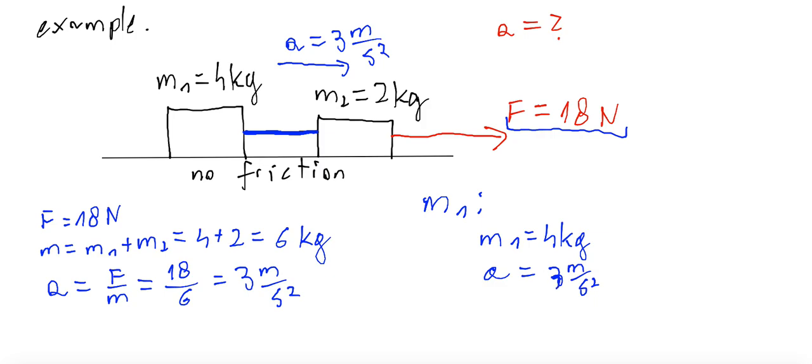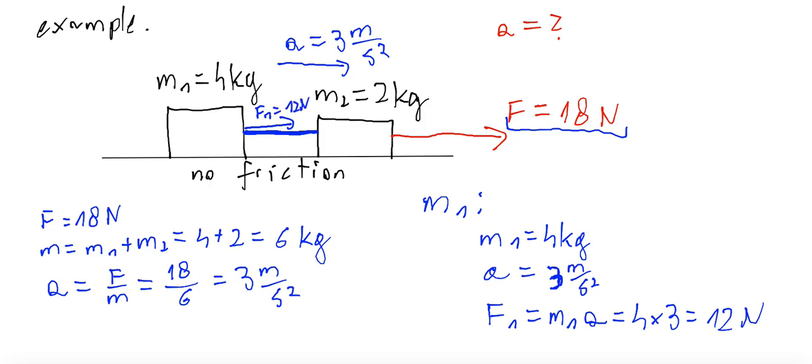By using these two data, we can calculate which force acts on mass m1. Force acting on mass m1 is mass m1 multiplied by acceleration of mass m1, so it's the product of 4 and 3, so 12 newtons. Okay? So 12 newtons is force which acts on mass m1. 12 newtons. So it is a tension of the string.